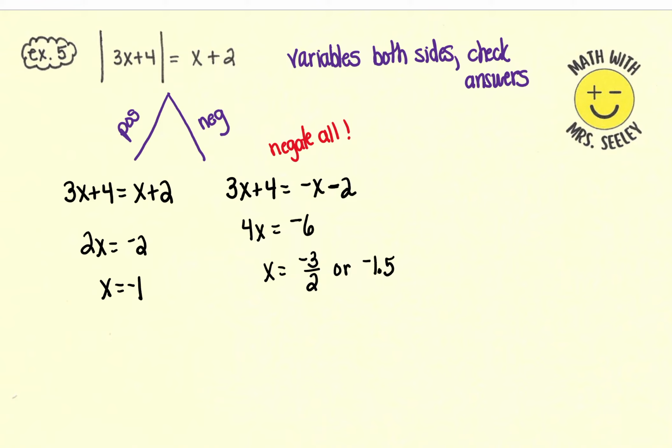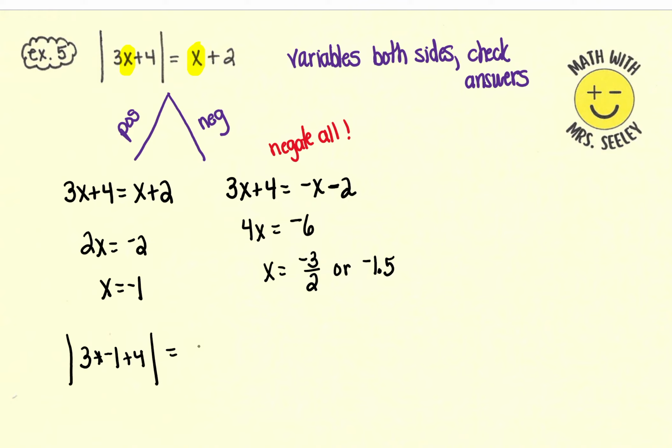I really think that you would be best to maybe keep that as a negative 1.5 as you're going to check. When you check, you're going to take this right here, put your x in both sides of the equation to check. So if I'm going to manually check, I'll say the absolute value of 3 times negative 1 plus 4.